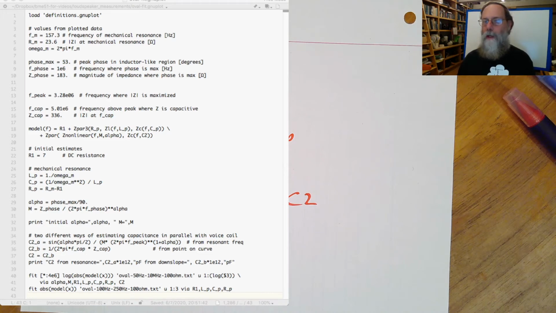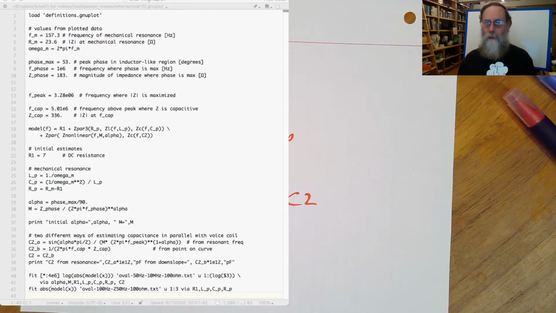And here I just fit the DC resistance and then the 3 parameters that correspond to the mechanical resonance. The reason for throwing in the DC resistance is I want the whole thing to slide up and down, and R1 basically slides the whole plot up and down, whereas R1 plus RP gets the tip of the peak in the right place, and the LP and CP get the shape of the peak right.